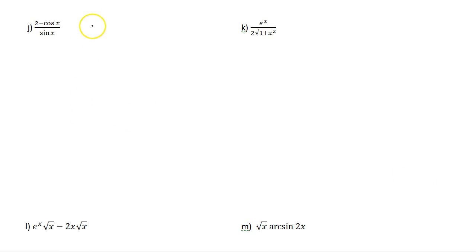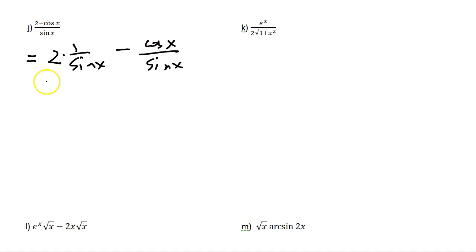All right. For this one, you can rewrite this as 2 times 1 over sine x minus cosine x over sine x. 1 over sine is cosecant x. Cosine over sine is cotangent of x.